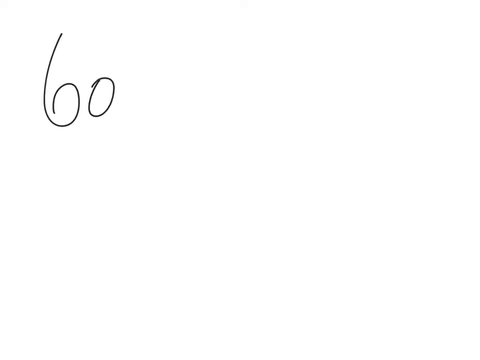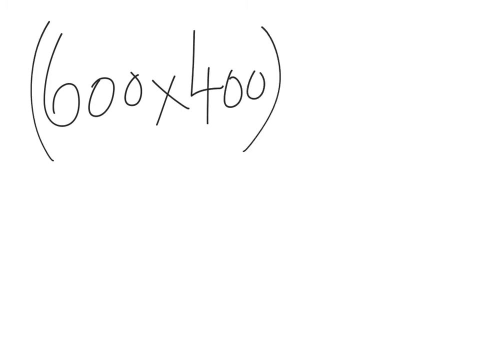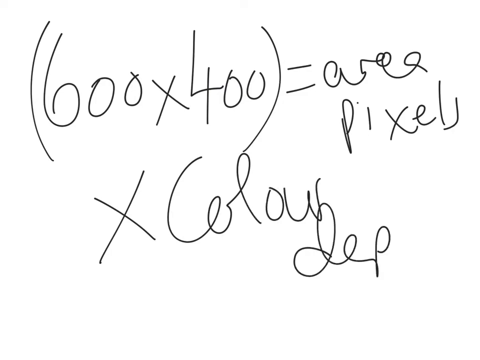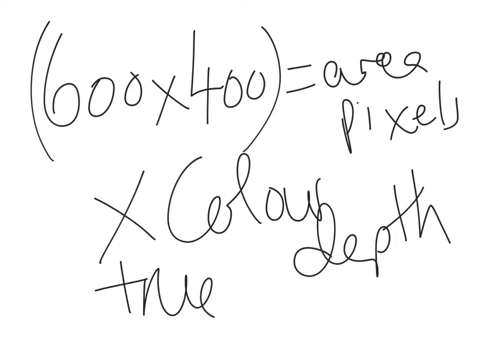So just remember, if we've got 600 pixels by 400 pixels, that is going to give us the area in pixels, which we then need to multiply by the colour depth, which hopefully you can spot in here is true colour, which equals 24 bits per pixel.